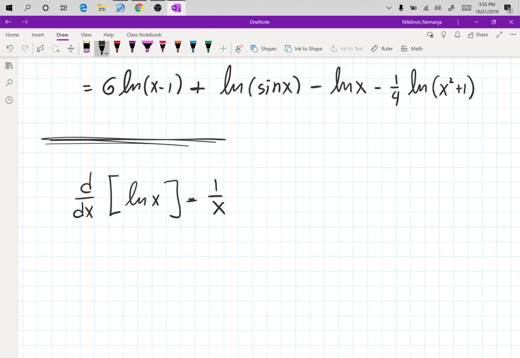And it is also cool to immediately note that the derivative of ln of ax is also 1 over x. So the derivative of ln x is 1 over x, and the derivative of ln of 6x is also 1 over x. So this a just magically disappears. Where does it go?